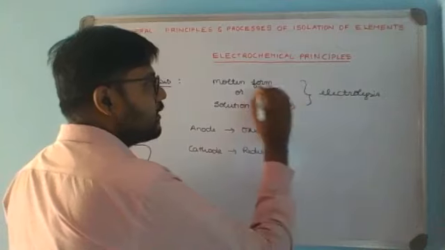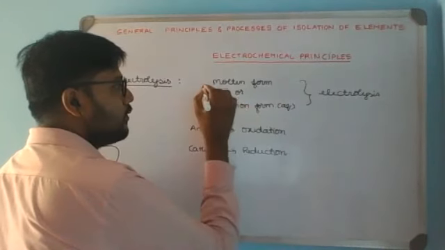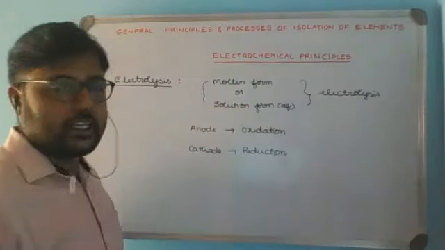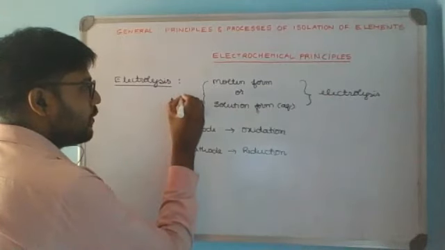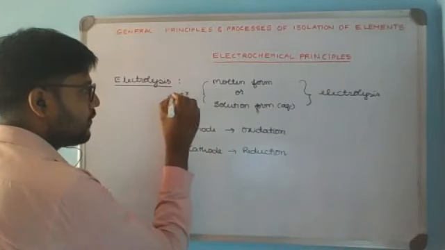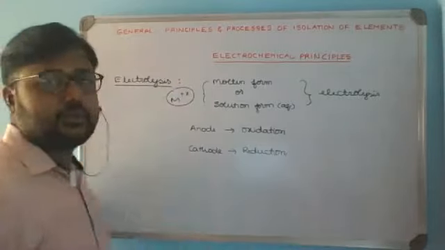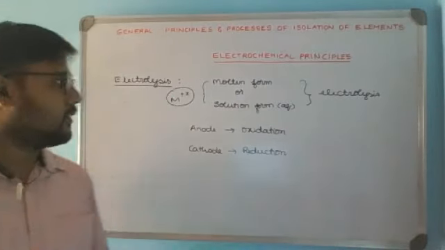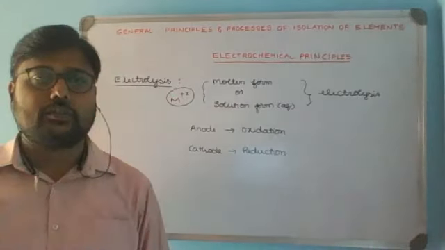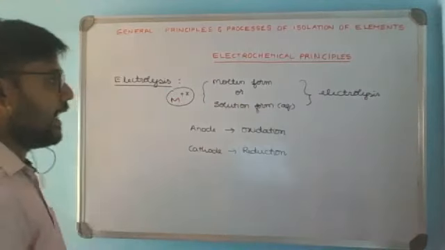Now during electrolysis, the molten form or the solution form of the metal will contain respective metal ions, M^x+. Assume x is the charge of the ion present as a cation.